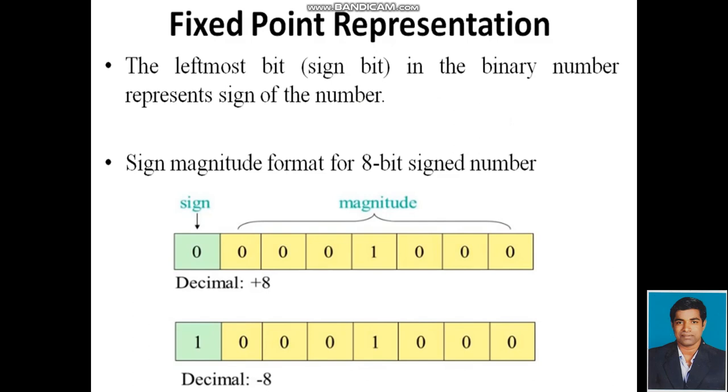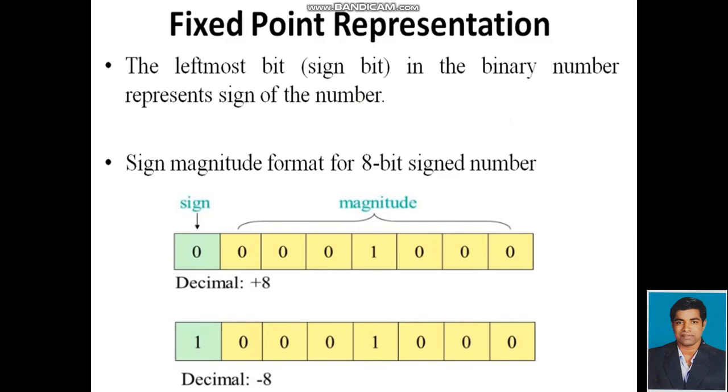Sign magnitude format for an 8-bit signed number. For example, decimal plus 8: for positive values the sign bit is 0 and the remaining magnitude bits are 0, 0, 0, 1, 0, 0, 0.